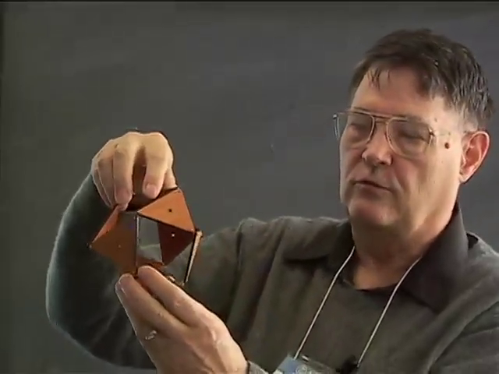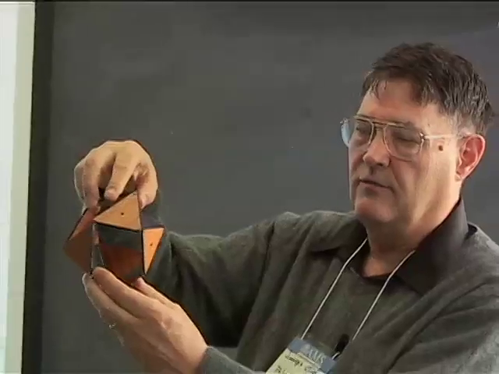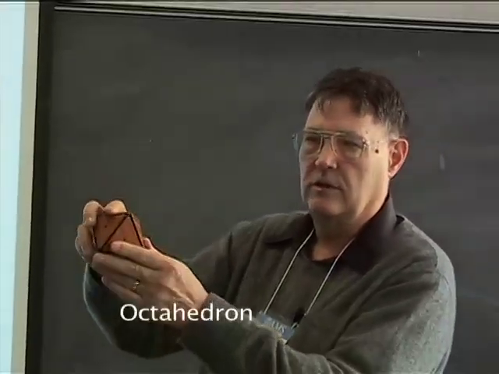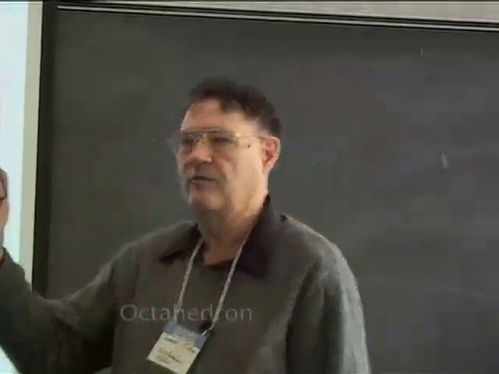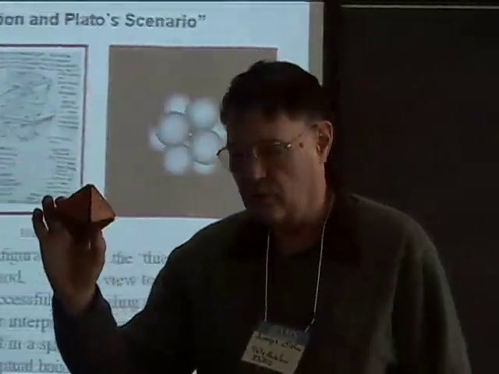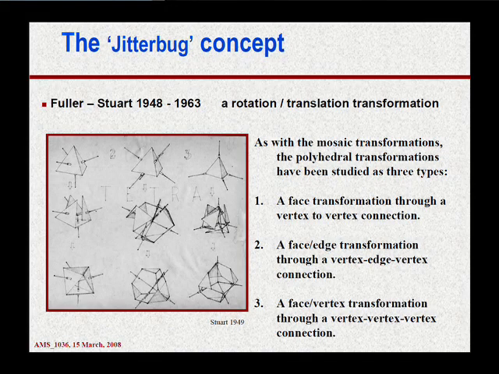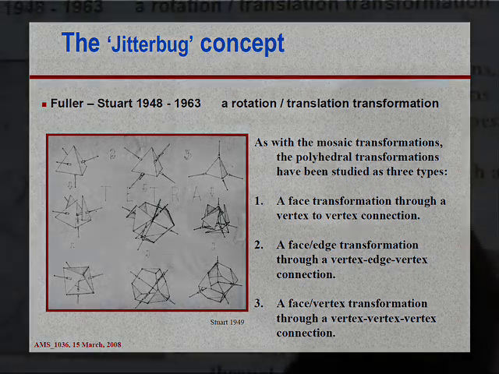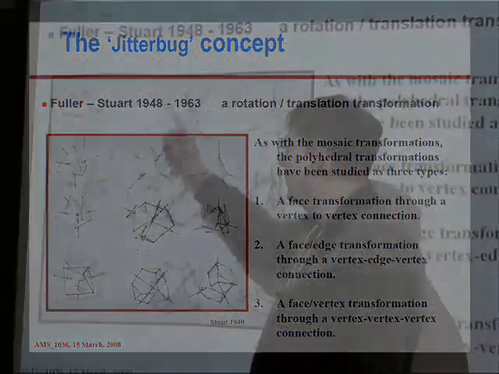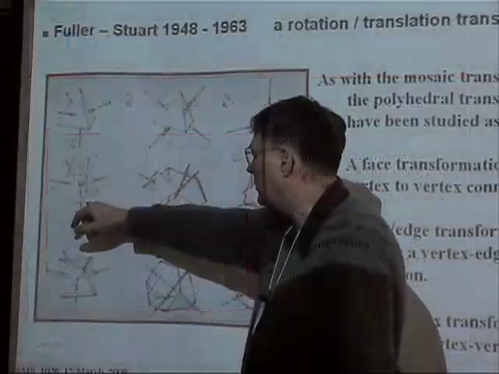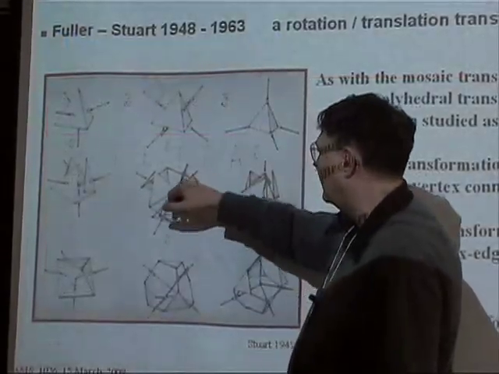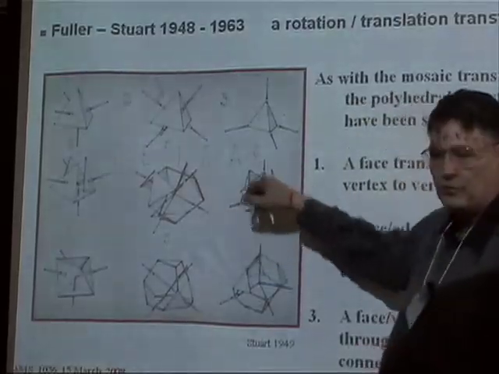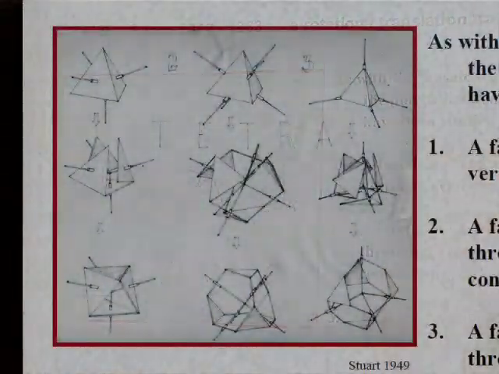But if you do a uniform transformation, at that point, you have the icosahedron, and then eventually on. Now these are the areas that Fuller studied and Stewart studied. Well, this is another one of these transformations that they followed, Duncan Stewart, myself, and Fuller, who was also studying this connectivity between edges, or face connection across here, an edge connection from face to face, and through the vertex. And that's what we see in this case.